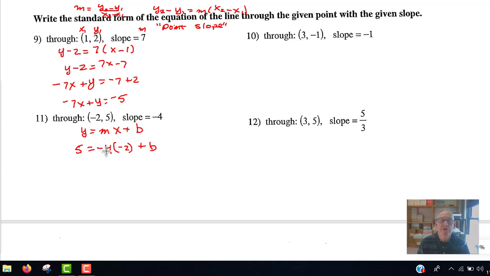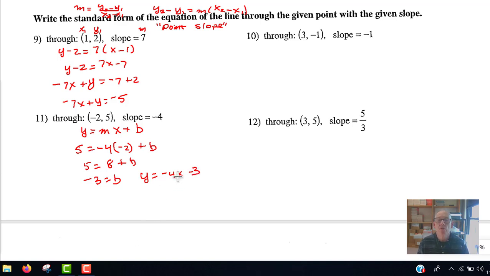When I simplify this, a negative 4 times a negative 2 is an 8, so I have 5 is equal to 8 plus b. I need to take 8 away from both sides, so negative 3 is equal to b. So the slope-intercept form for this is going to be y equals negative 4x minus 3.